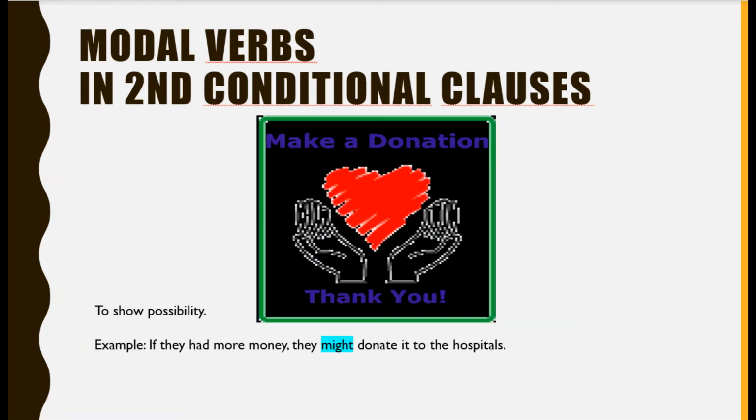If they had more money, they might donate it to the hospitals. There is the possibility that the addressed people donate money to hospitals if they had more money, but they don't.